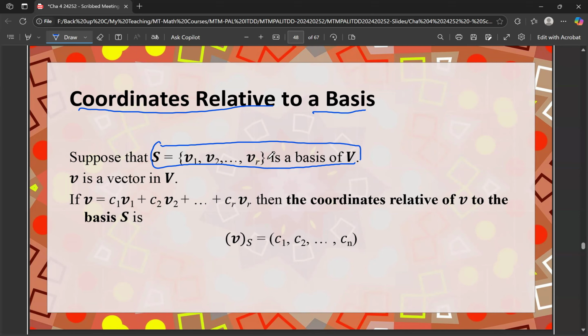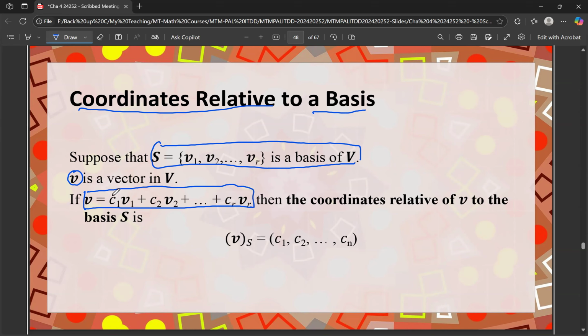So it must be known beforehand that a set of vectors is a basis of a vector space. Then we choose any vector v. And of course, because S is a basis, we have the linear combination of v with respect to v1, v2, and vr.